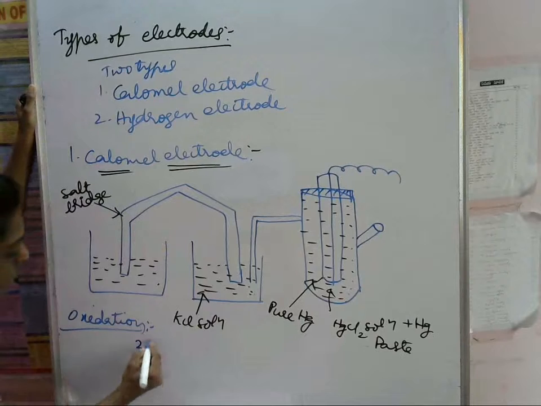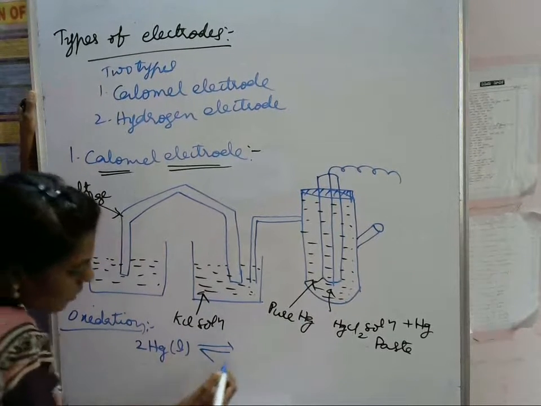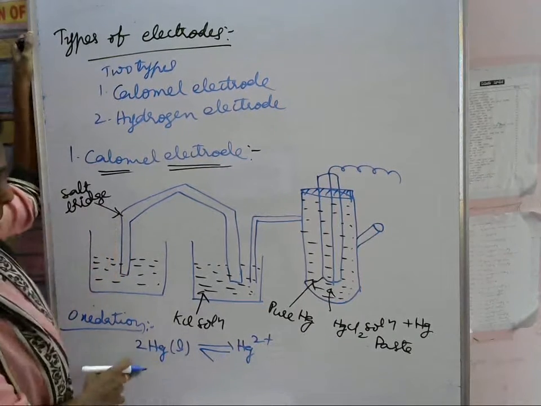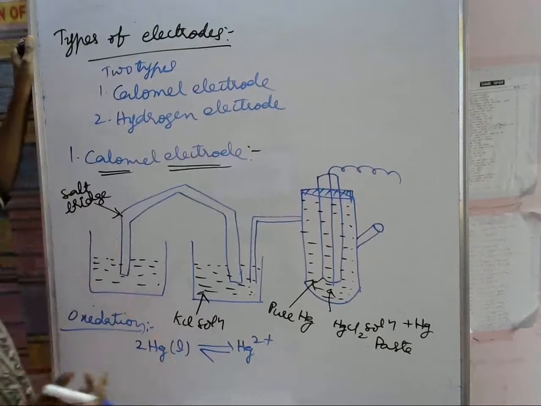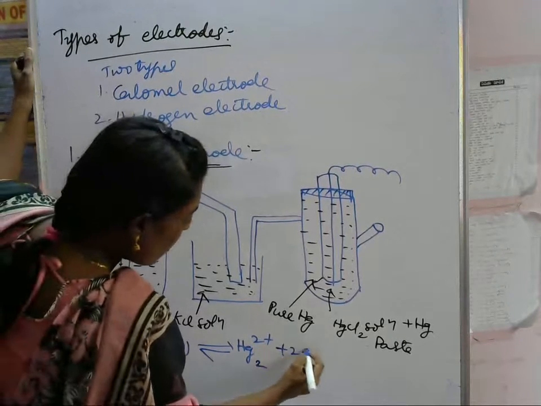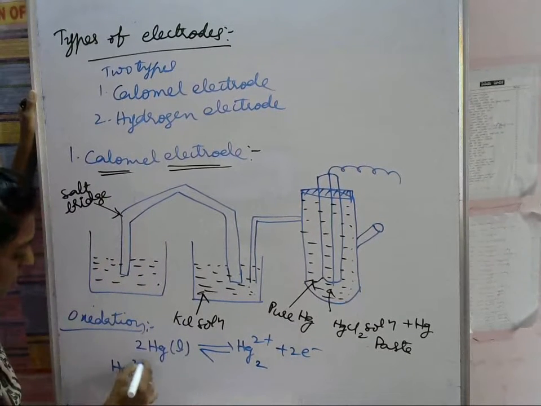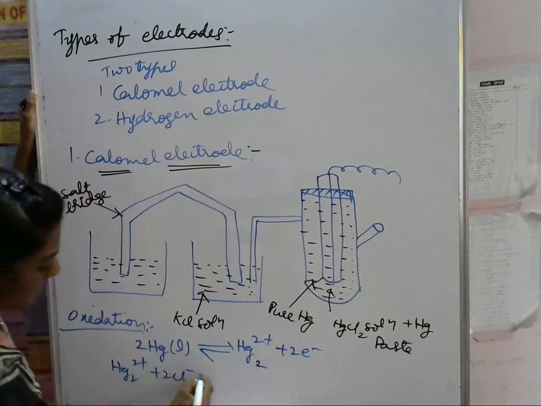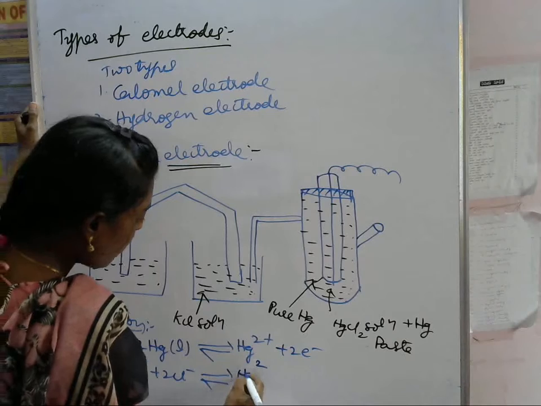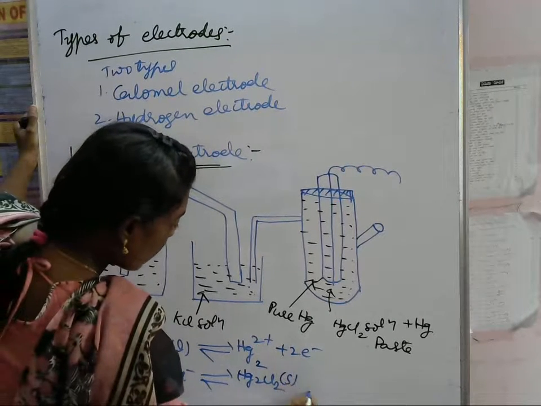So if you see here, 2 Hg liquid loses electrons and is converted to Hg2 2+ plus 2 electrons. Next, this Hg2 2+ with 2 Cl minus is converted into Hg2Cl2, which is a solid.